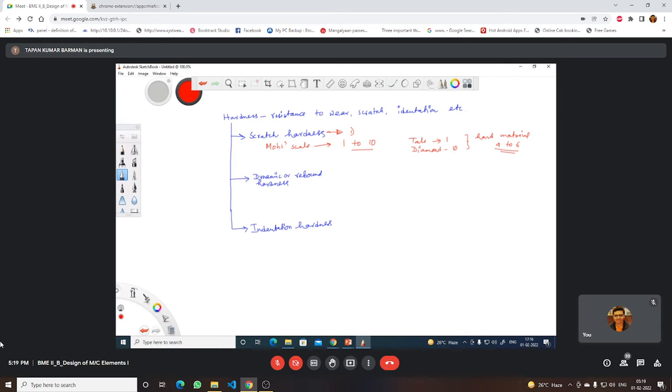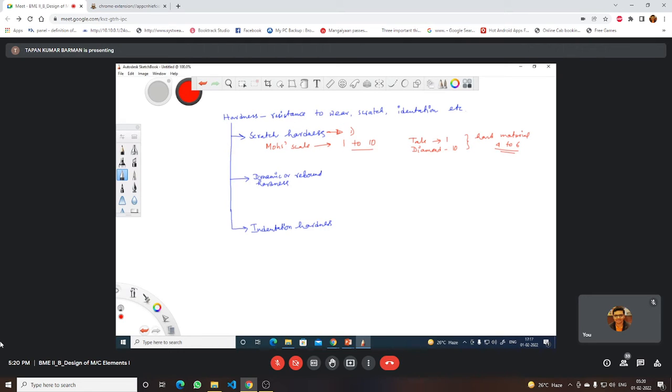Now for dynamic hardness or rebound hardness, what do we do? Basically, there should be one indenter. An indenter is usually dropped onto the metal surface, and the hardness is expressed as the energy of impact. Using that, we try to express the hardness value.